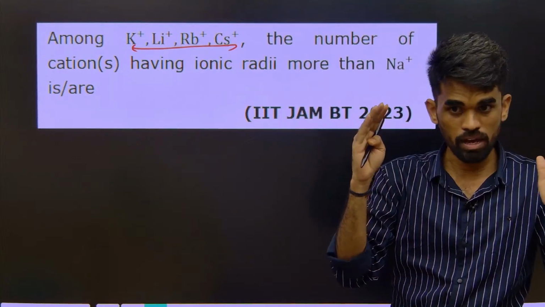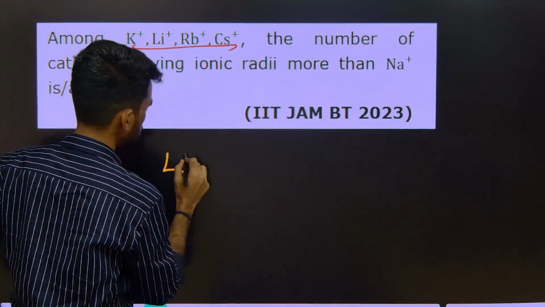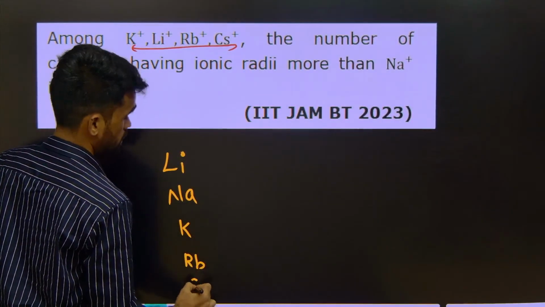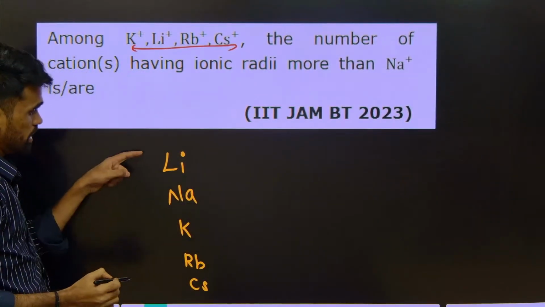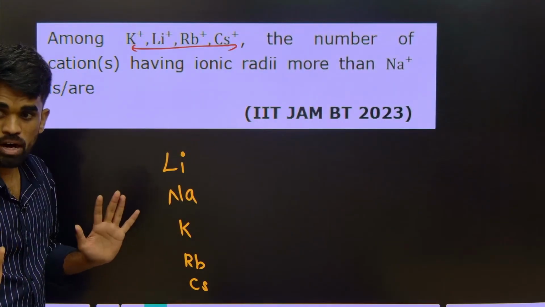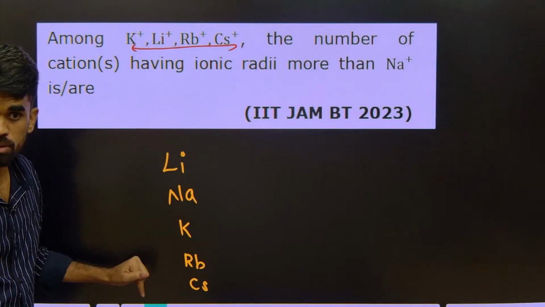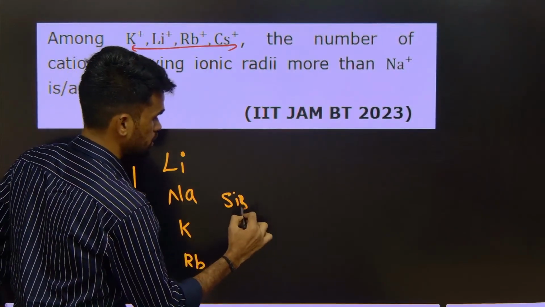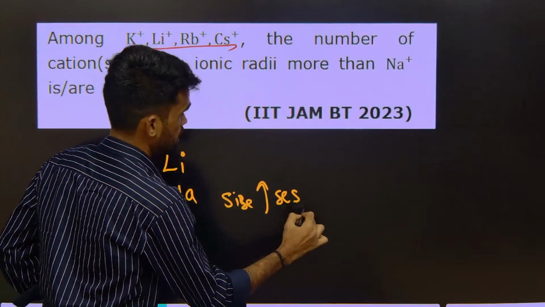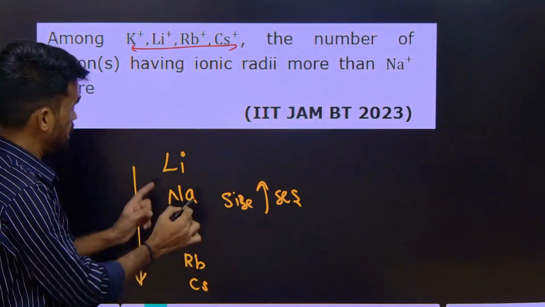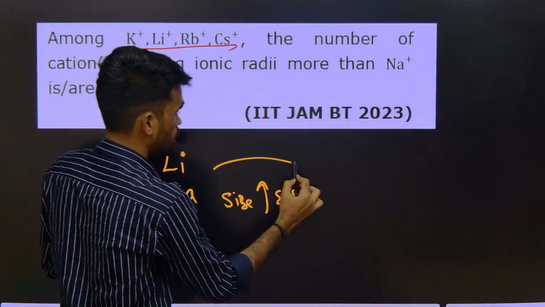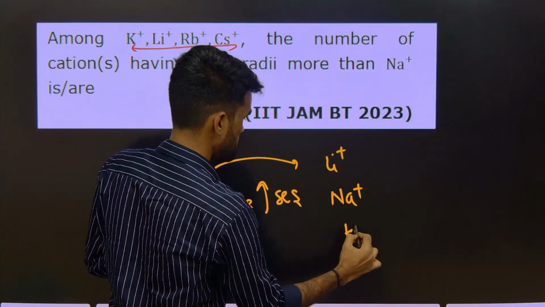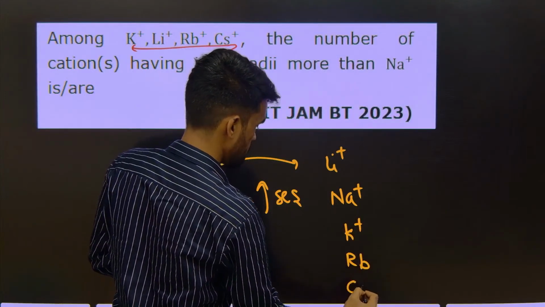First group, I have written lithium, sodium, potassium, rubidium, cesium, I have told you. Now, they haven't given the atoms, but what do you know about atomic size down the group? Down the group, size increases, we discussed. Atoms are like this. Similar ions are formed: Li plus, Na plus, K plus, Rb plus, Cs plus.